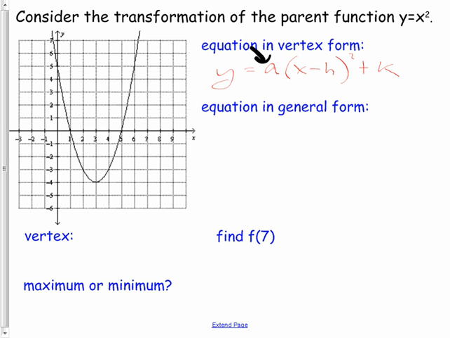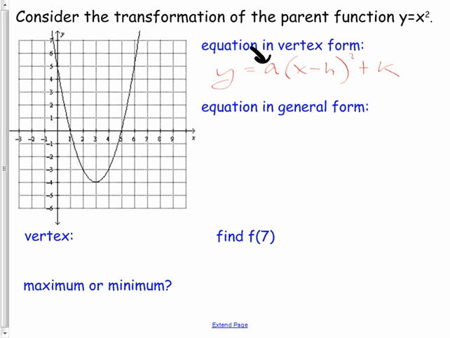Can you tell me if it's been stretched or not? No, because I go from here, I go over 1, up 1, and it works, see? If it had been stretched, it wouldn't go through 1, 1. It would go through like over 1, up 2. If it was going through this, then I'd know it was stretched. But this one's not stretched.